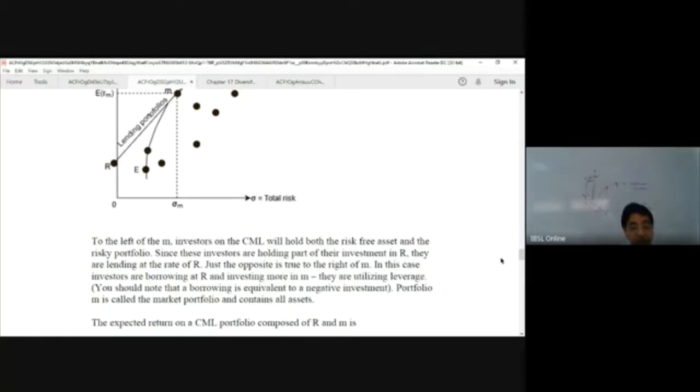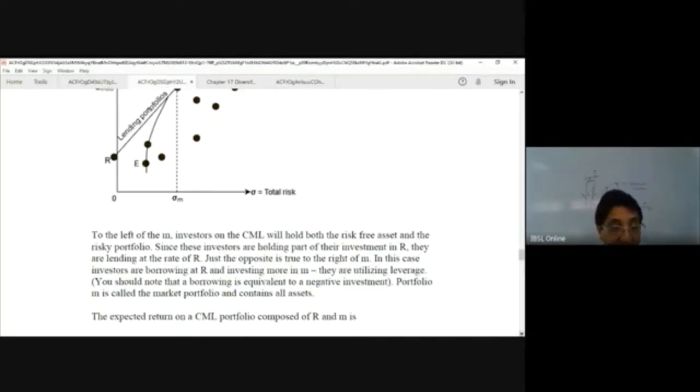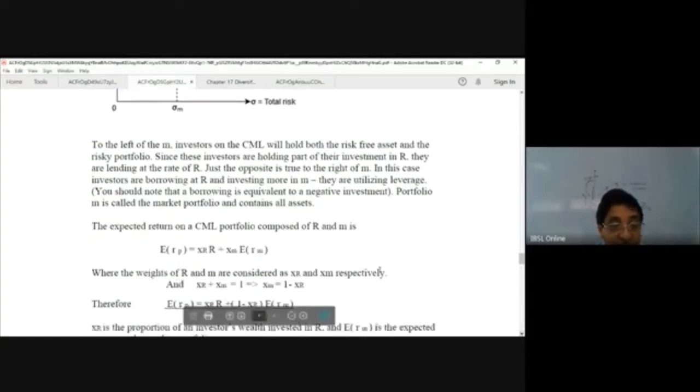Now you can have risk-free portfolios, and now you can see the expected return on a CML portfolio composed of R and M. Now CML portfolio means it contains risky assets and risk-free assets.